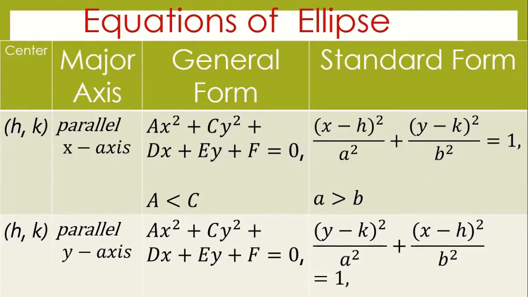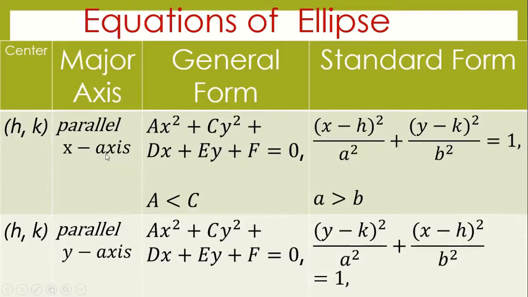Now, we have the equation of an ellipse. This time, yung ating center is not located sa origin of the xy plane. The center is located at (h, k), so anywhere on the xy plane but not at the origin. Okay? So, ang ating major axis is parallel to the x-axis.